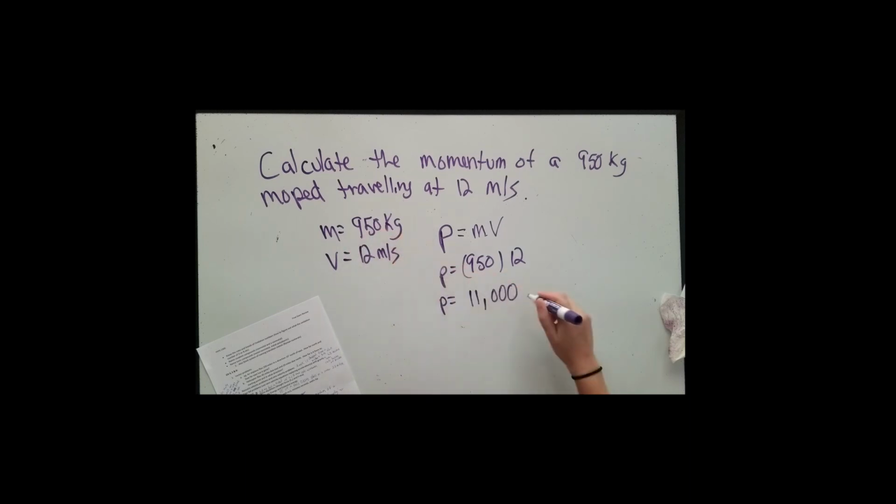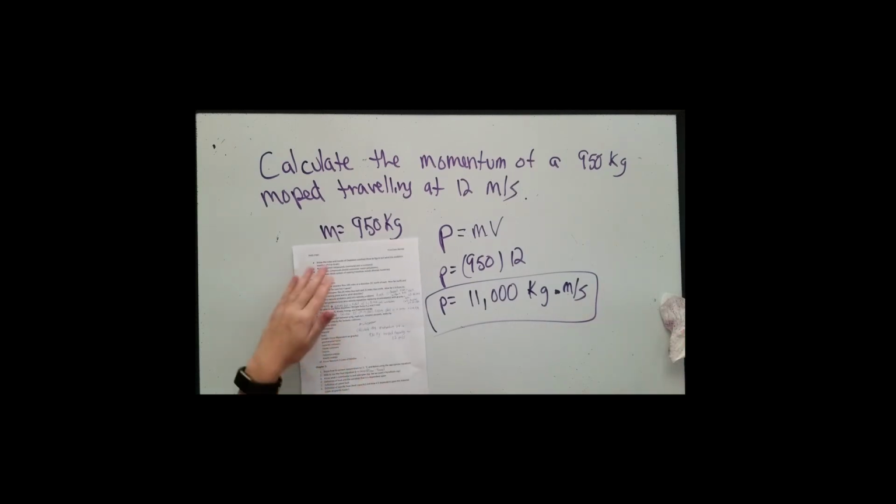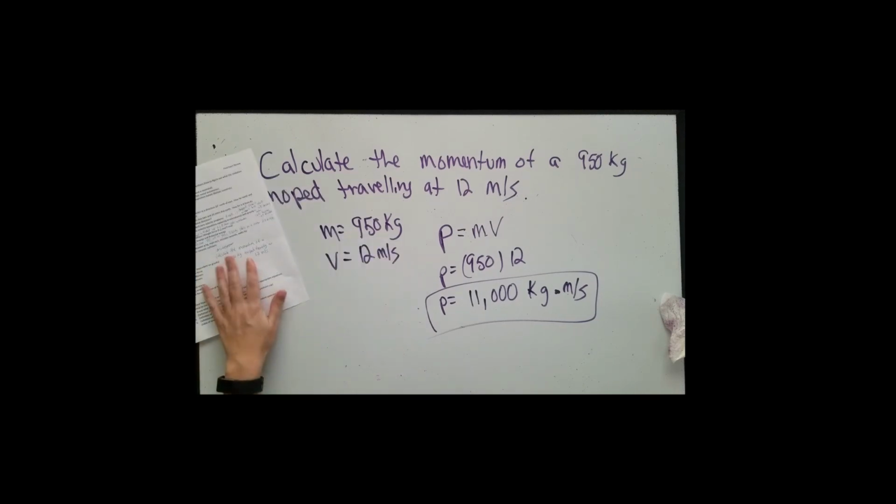Units on it are kilograms for mass times meters per second for velocity. All right, so this sums up what you need to know for chapters 4, 5, and 6. So review these bullet points on the final exam review and make sure that you're doing that practice exam with similar problems.